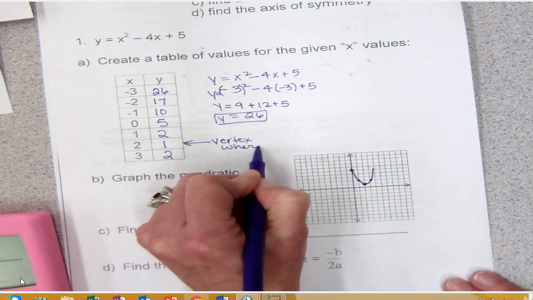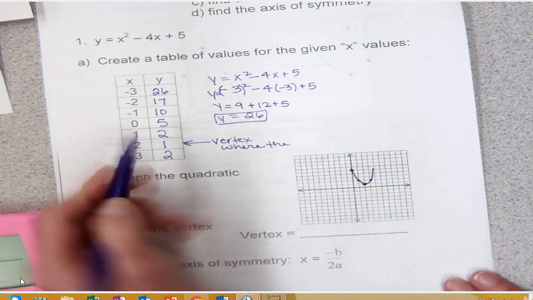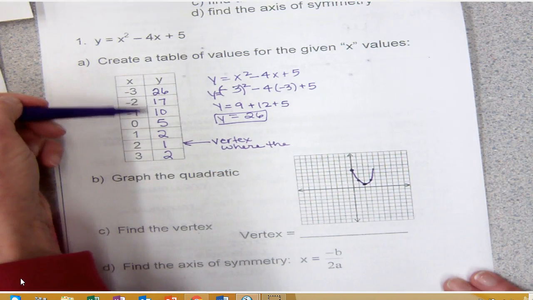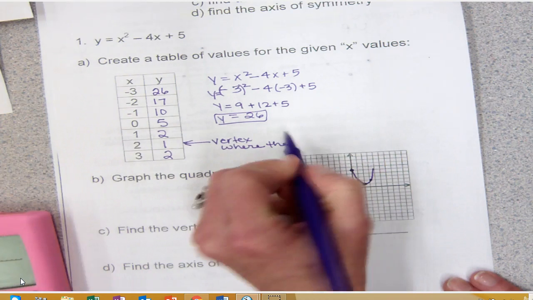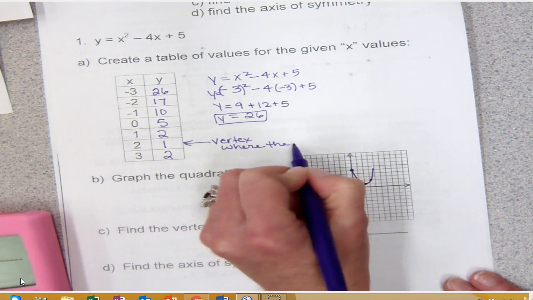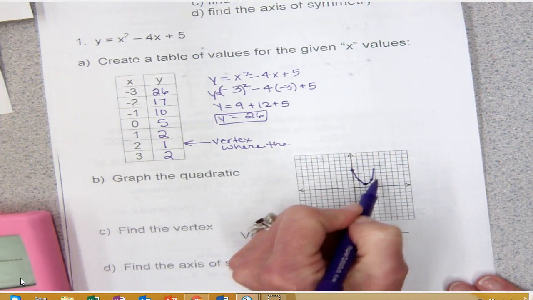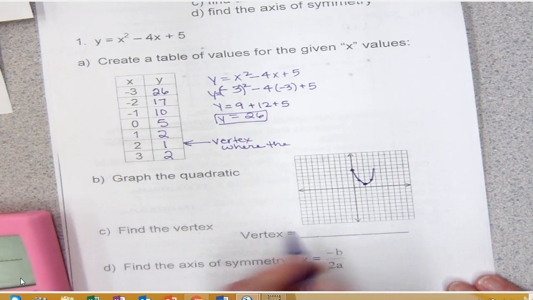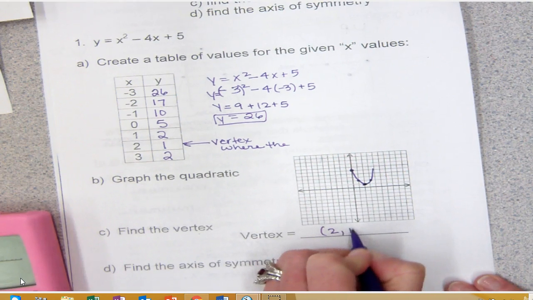Basically the numbers are going down, and then they start going back up, where the lowest number comes. So my vertex is going to be 2, 1.